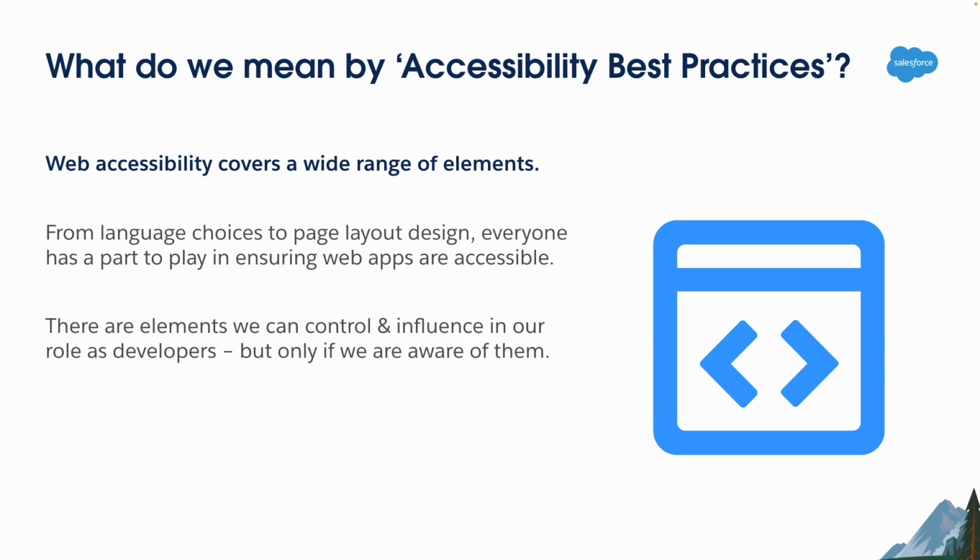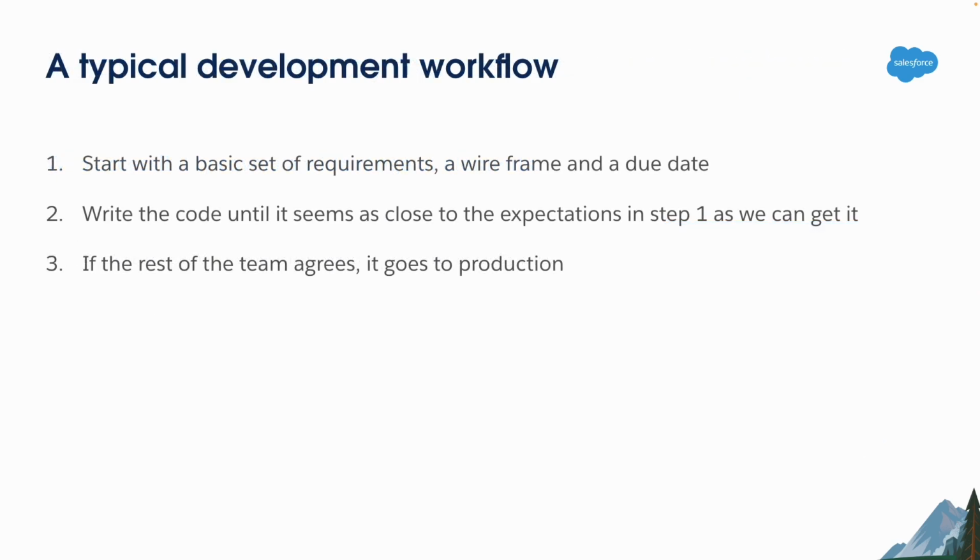But first, let's talk about the problem. Let's consider a typical development workflow. Let's picture a developer's workday, maybe yours, maybe mine, maybe someone else's. It might start with a basic set of requirements, a wireframe, and a due date.